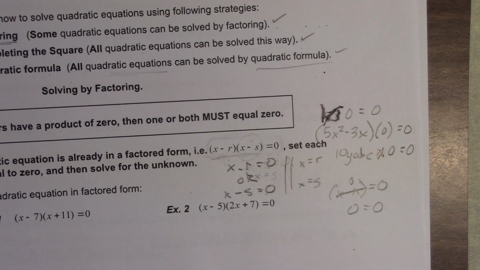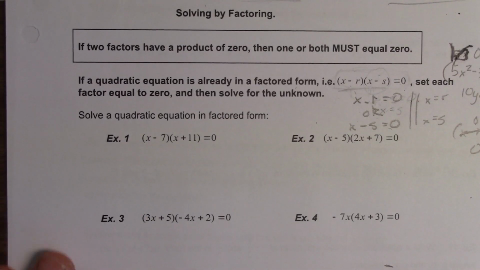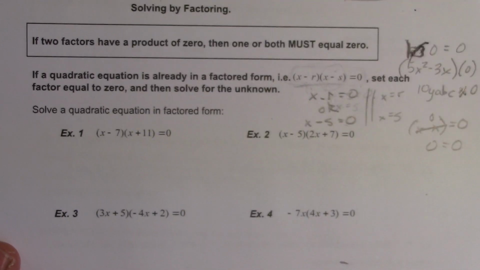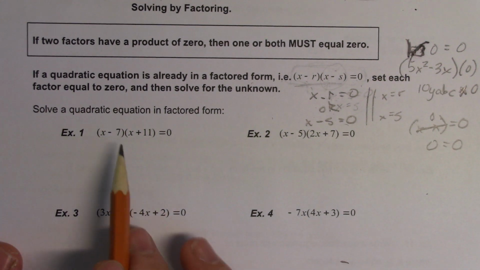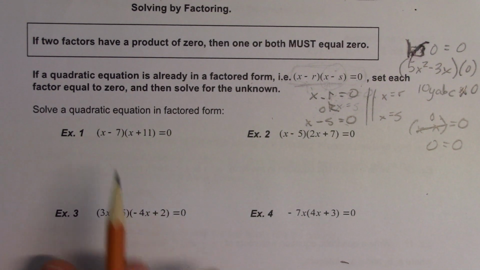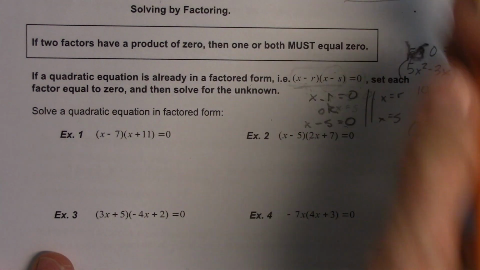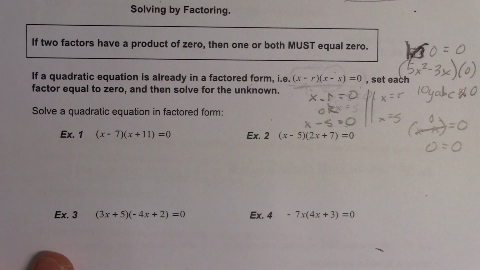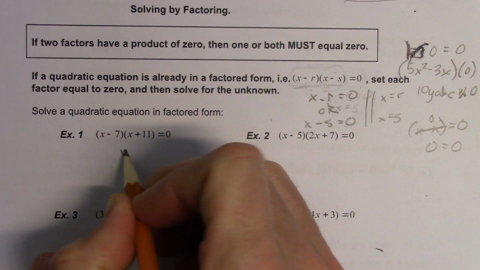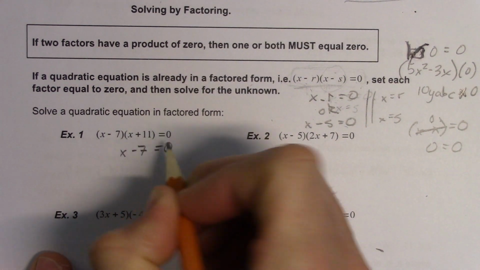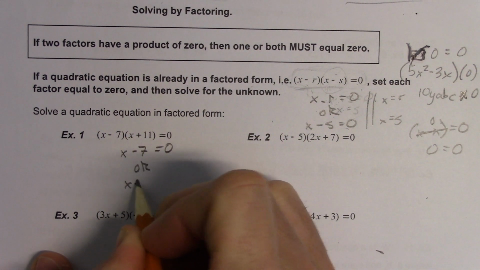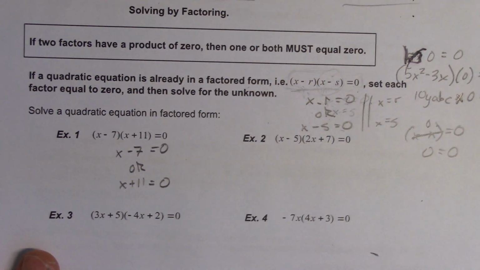Okay, let's look at some examples here. This should make more sense. It says solve the quadratic in factored form. So it's already factored for us. So this is super easy. That whole explanation I was telling you is just so that you can write this or this.